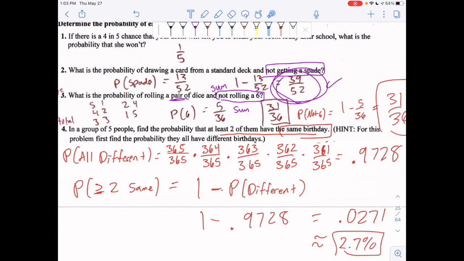So the chance of at least 2 of those 5 people having the same birthday is about 2.7%, which actually seems kind of high, to be honest with you. But you have 5 people, and somebody within those 5 having the same birthday.